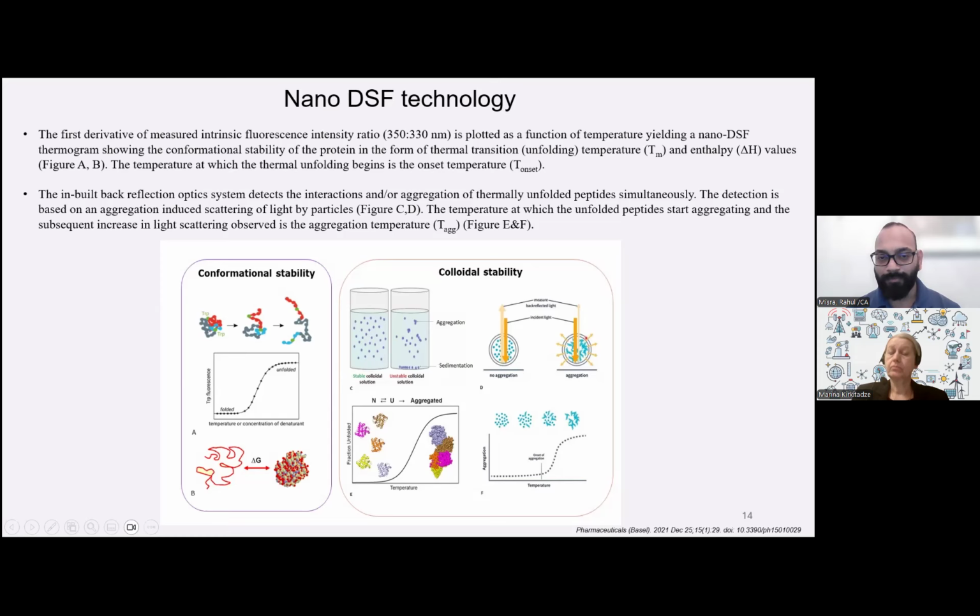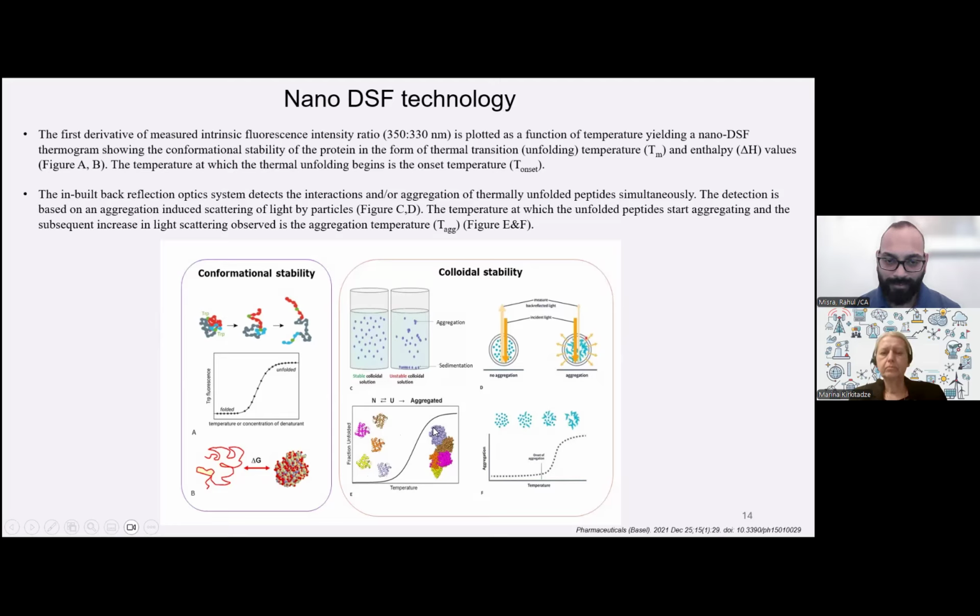You can tell from this technique, as the formulation is being heated, where no aggregation is happening. When you expose the laser light, the backscattered light is detected by the detector. When aggregation happens, there is more scattering of the light. Here you can see, with the increase in temperature, these are all non-aggregated vaccine candidates.